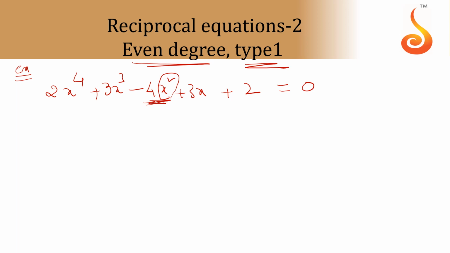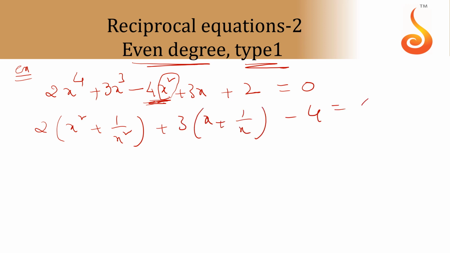Means you have to divide with x square. So what will happen? 2 times x square here. First term, last term if you combine, 3 times x plus 1 by x minus 4 you will get. So if you divide with x square, it's actually x power n by 2 where n is the given degree because it is even.